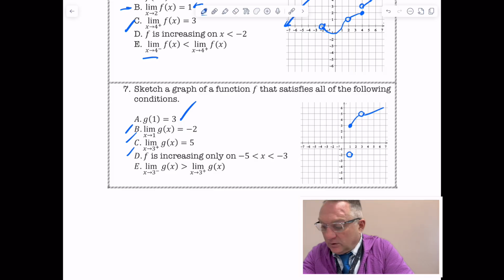So I have to have a graph going through there and continuing on.